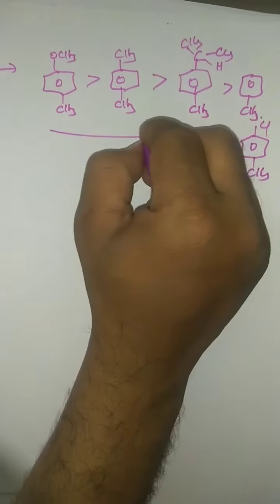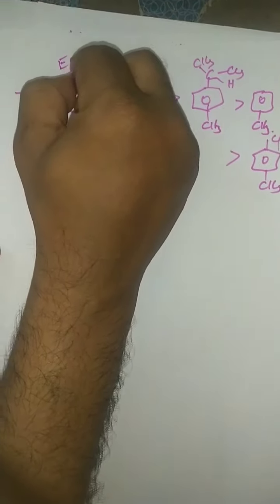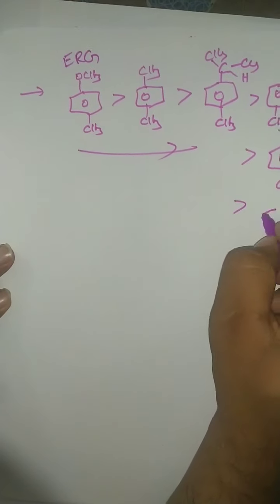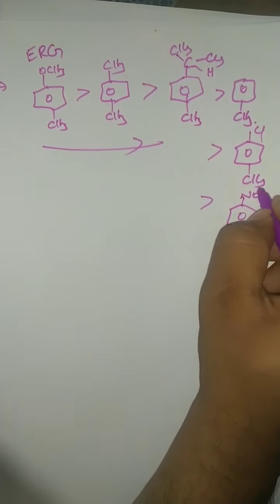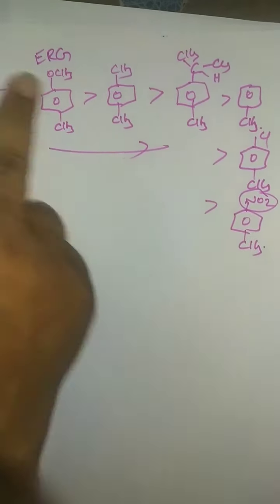So this is the decreasing order because this is an electron releasing group. So this is a withdrawing group. So two groups will be there.